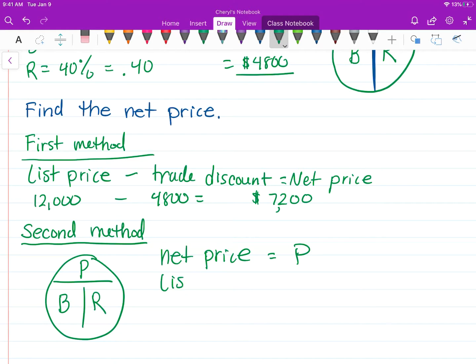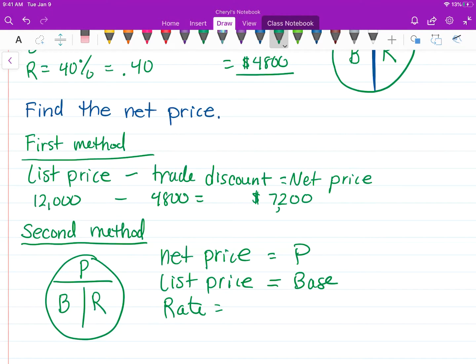The list price is what we're comparing it to, the total amount, so that's going to be the base. Now remember, the net price represents how much we're actually paying. So if there's a 40% discount, then what we're actually paying is 60%.